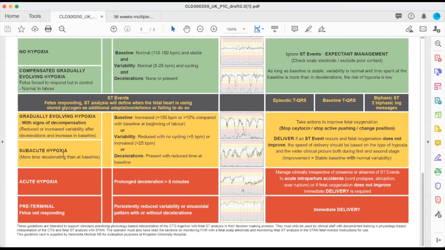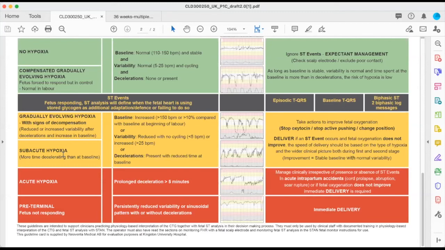At the beginning of the redistribution phase, when adrenaline is first secreted, the baby is completely fine. The other end of the redistribution or compensation phase is when the baby suddenly starts to decompensate. What we're trying to figure out is whether the baby is reaching the point of decompensation, because that's when the glycogen stores around the heart are being broken down.